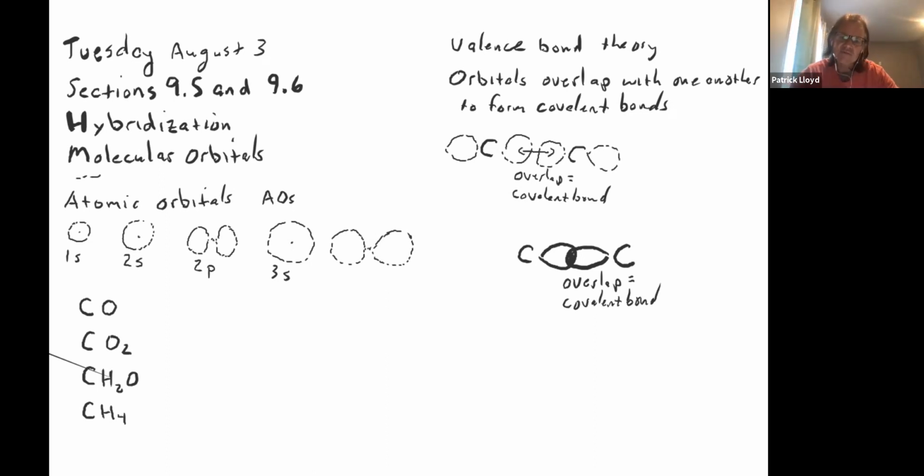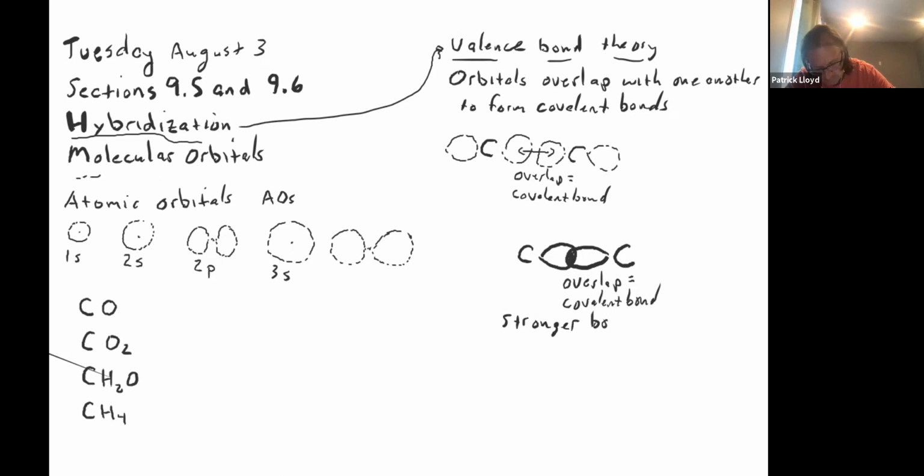When we get to molecular orbitals, we'll say that those orbitals actually interact with each other, add to each other according to wave mechanics, and form new orbitals. But for valence bond theory, of which hybridization is a part, we're not worried about that. We're just saying these atoms have these orbitals, they overlap, and the greater the overlap, the stronger the bond. So stronger bonds have greater overlap.